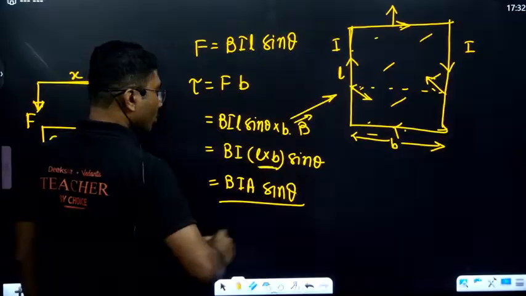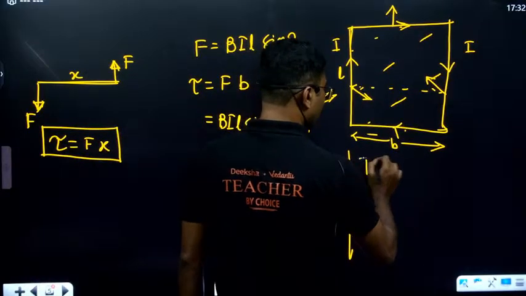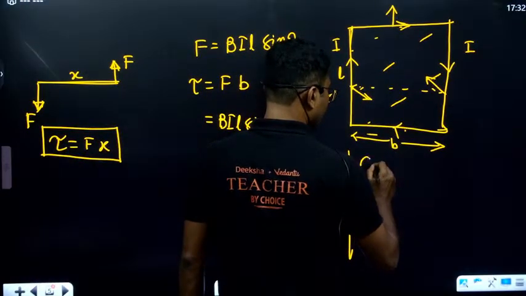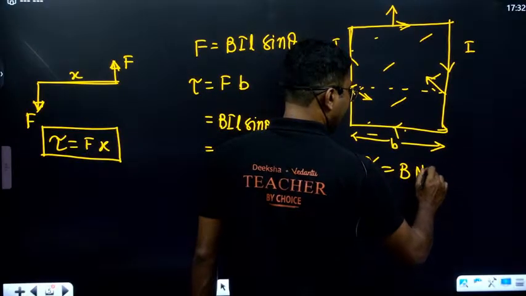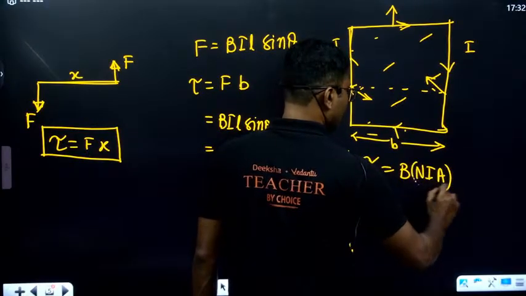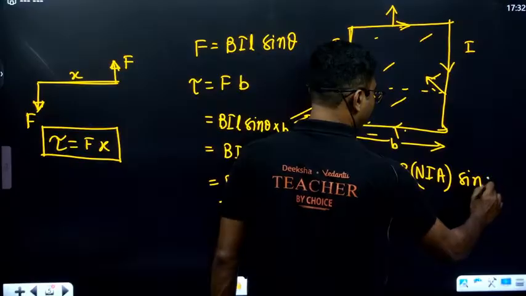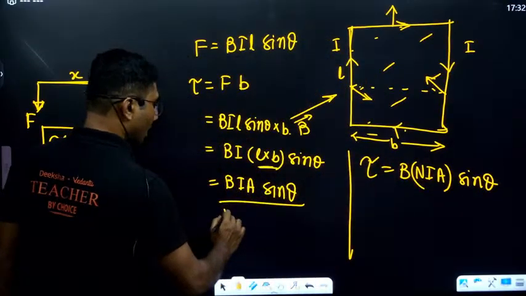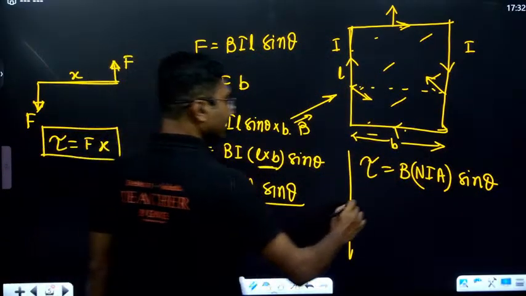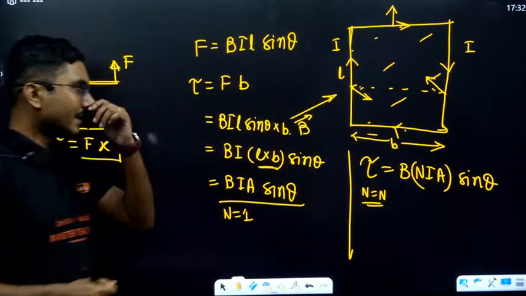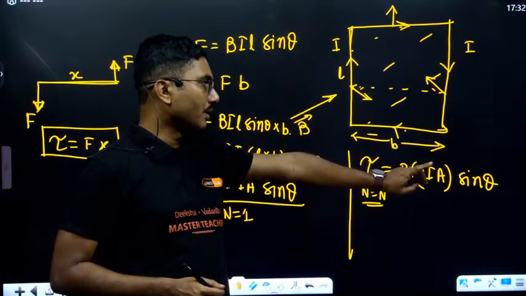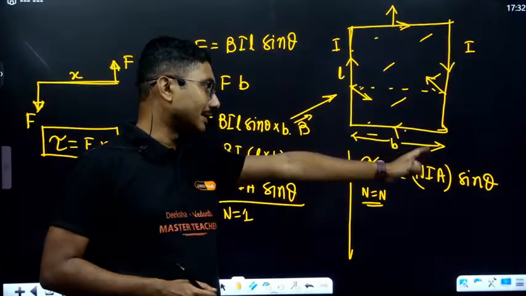Then the total torque becomes BNIA sine theta. This is for n equals to 1. This is for n equals to n. Okay, so this is the normal formula, BNIA sine theta.